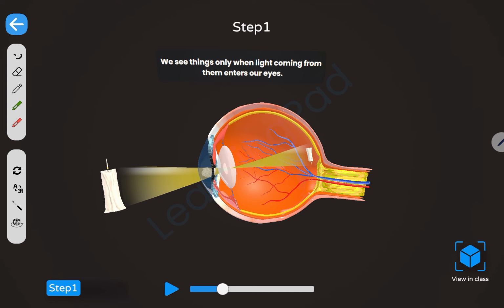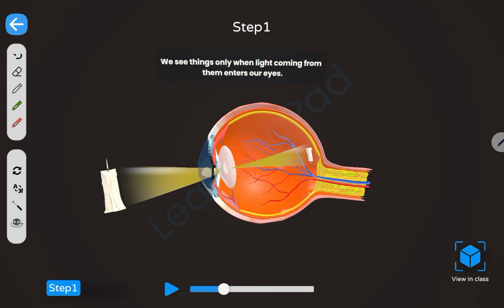That's how we are able to see things, an image or a portrait or anything. So we will be able to see things only when light coming from them enters our eyes. Now this is a candle, right? The light from the candle enters into our eyes, and that's how we are able to see the candle.